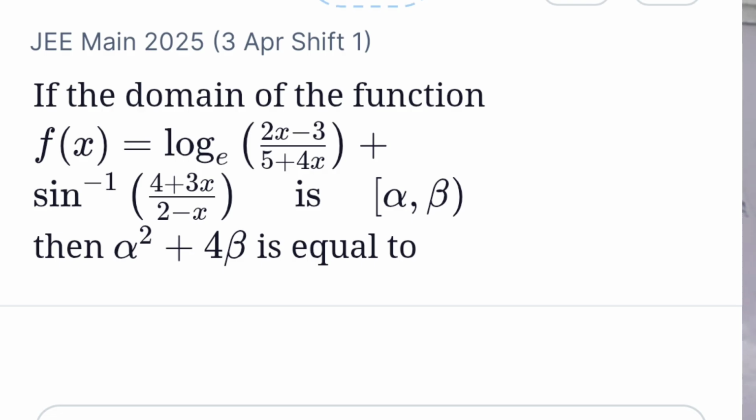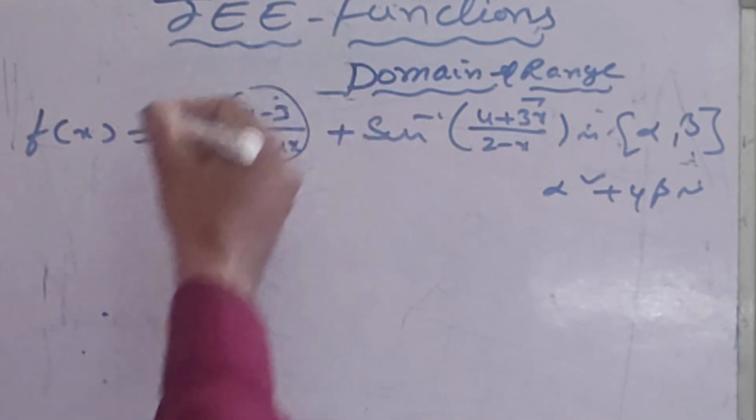Now, the domain of the function f of x equal to log of (2x minus 3) by (5 plus 4x), plus sine inverse of (4 plus 3x) by (2 minus x), is alpha comma beta. Then what is alpha square plus 4 beta?